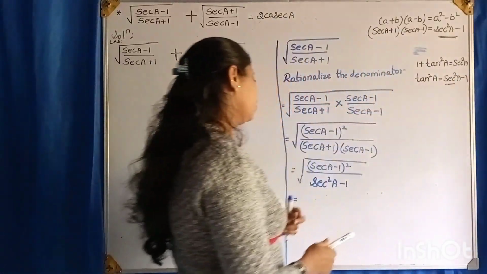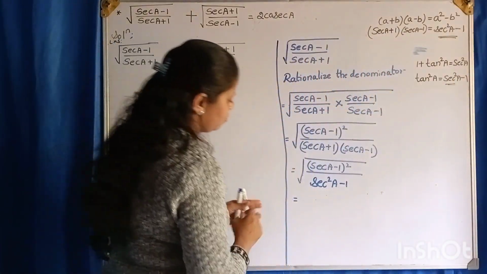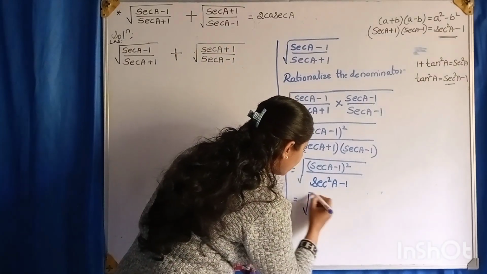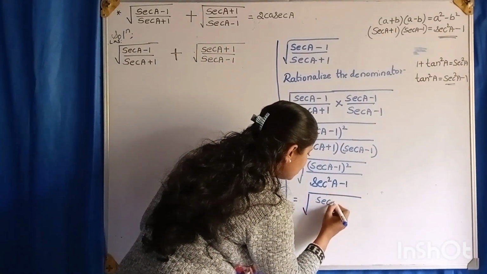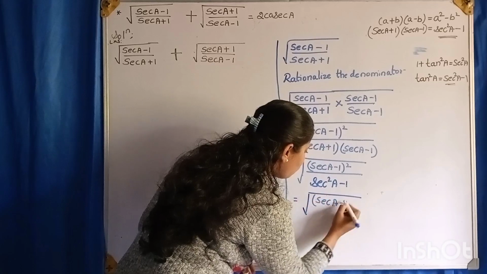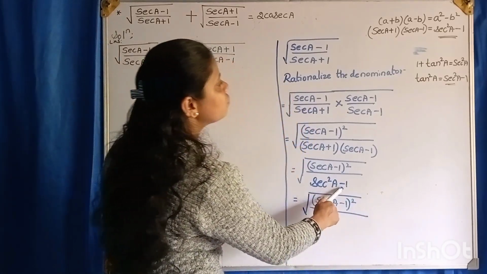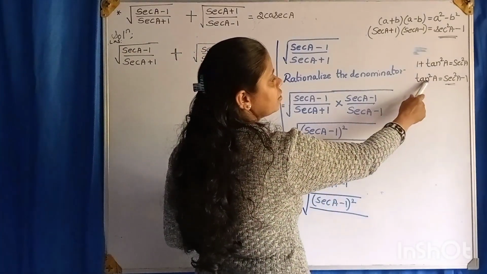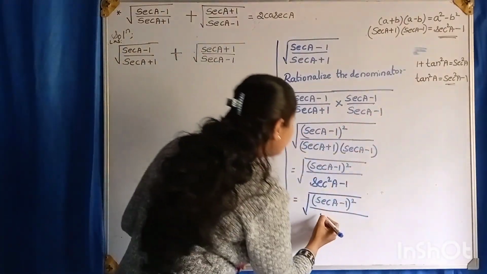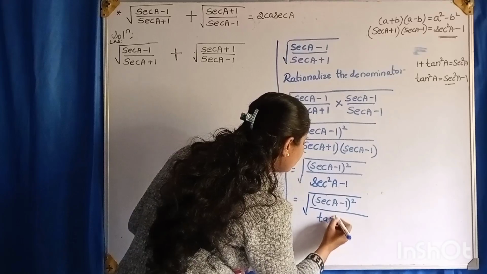So we can write this as secant a minus 1 the whole square divided by secant square a minus 1, and we can write that as tan square a.